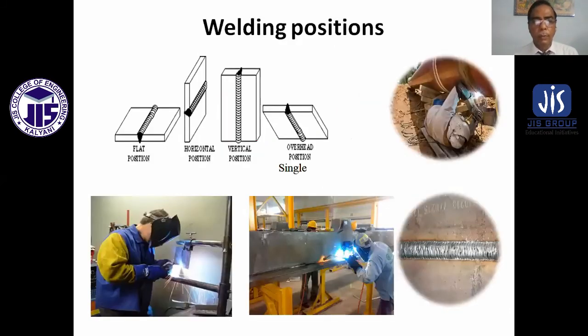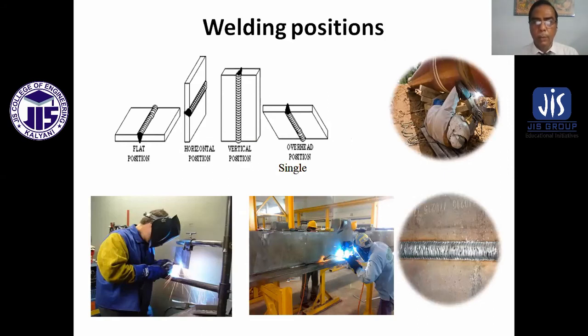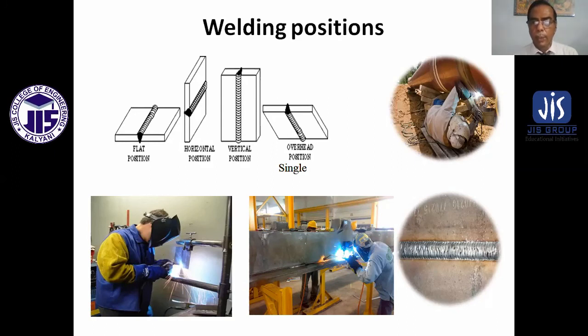Welding positions: flat, downhand welding, horizontal positions, horizontal welding, vertical positions, vertical welding, where the welding is done from the bottom to top, and another is overhead position, overhead welding.